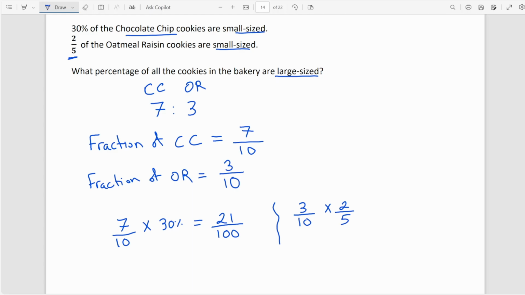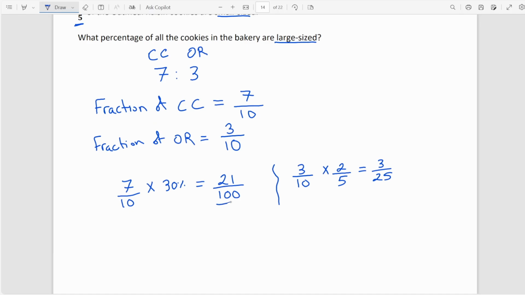And you can go ahead and plug this on the calculator to get a fully simplified fraction, which gives us 3 over 25, okay? So now I can add those two numbers, okay, those two fractions, and when you add them, you get 33 over 100, okay?